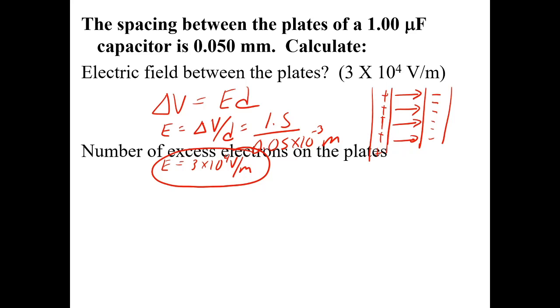Now here's something we haven't done a whole lot with, which is, well, what's the number of excess electrons? How many electrons are on the plate? And could we actually calculate that? And we can. Because we remember one electron has a charge of 1.60 times 10 to the minus 19th coulombs.